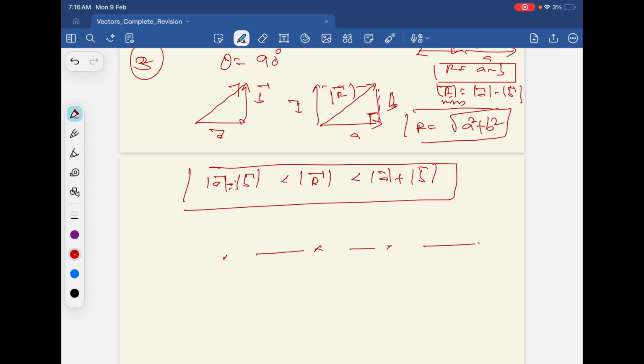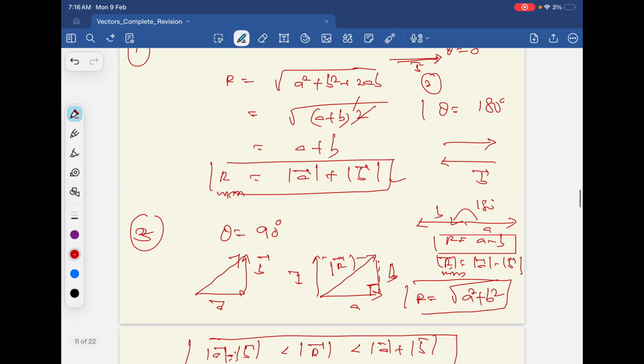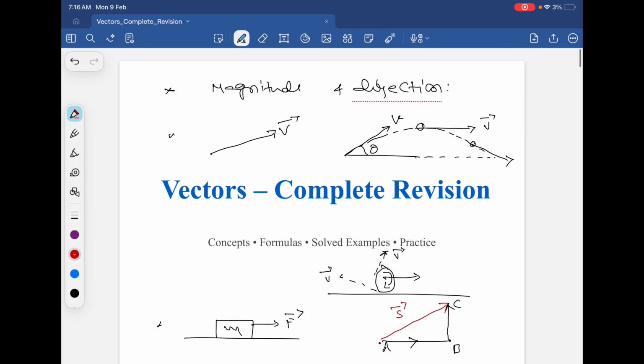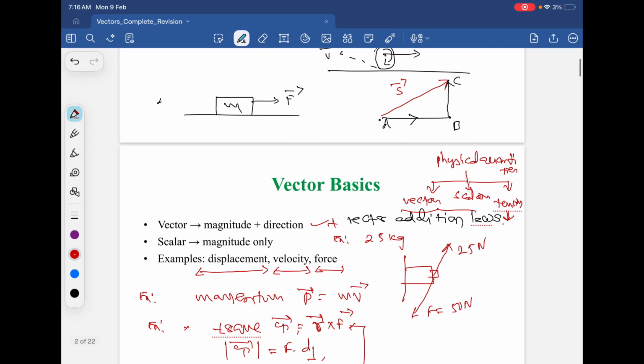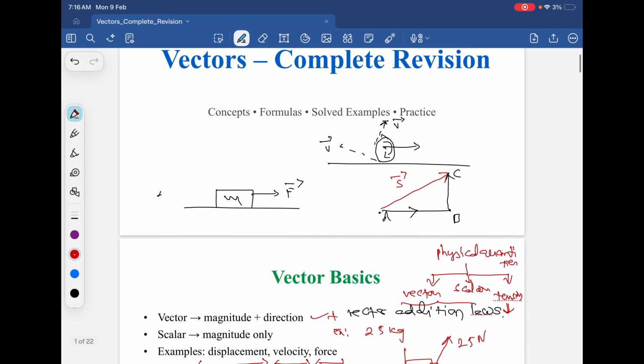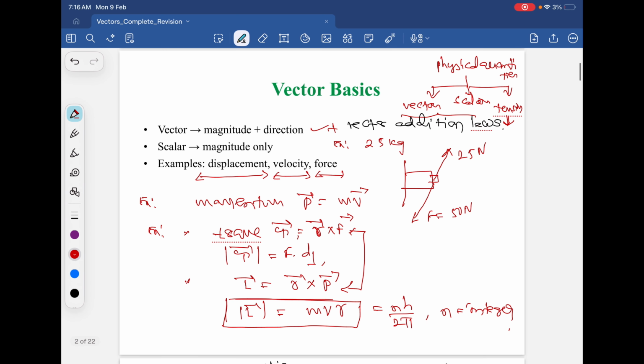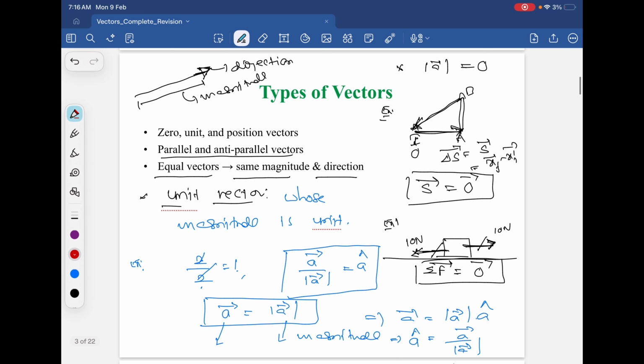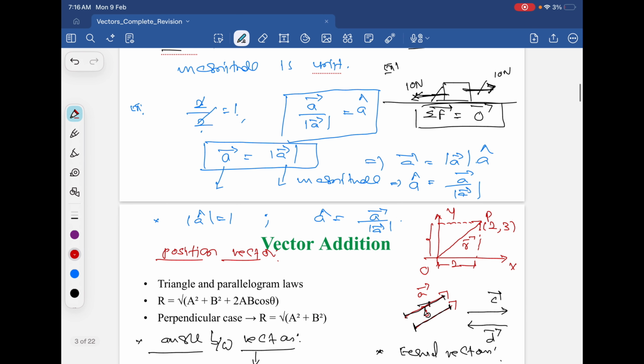Up to addition of vectors. Multiplication of vectors and components, one more video I will make for you. Okay, thank you all. Now you can see whatever we have done so far: what vectors are, types of vectors, representation of a vector, purpose of vectors, and then we have seen examples. Then we talked about the unit vector concept and its direction.